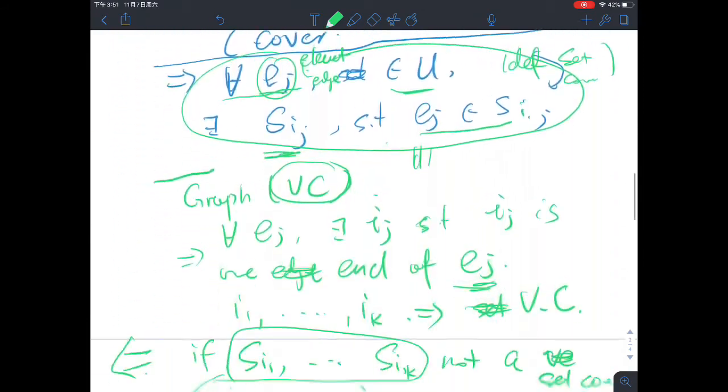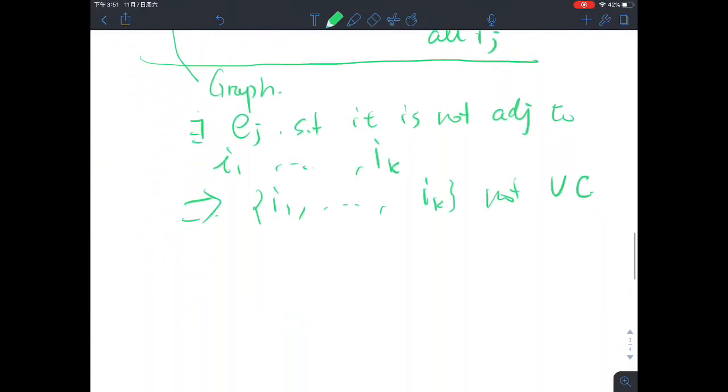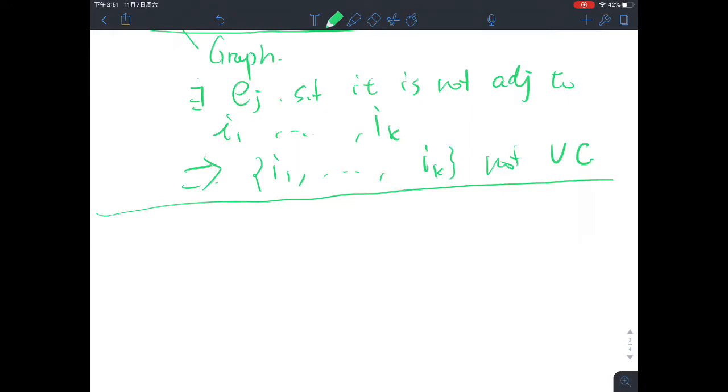That's the second part of this lecture. In the first part, we proved that the independent set and vertex cover are more or less the same, they reduce to each other. Now we show that the vertex cover is easier than the set cover. So this is what we have so far.